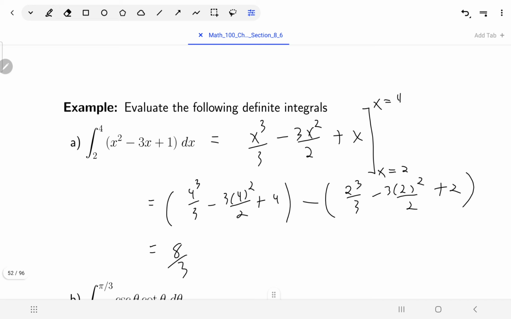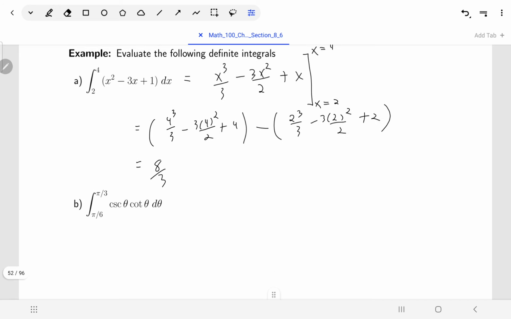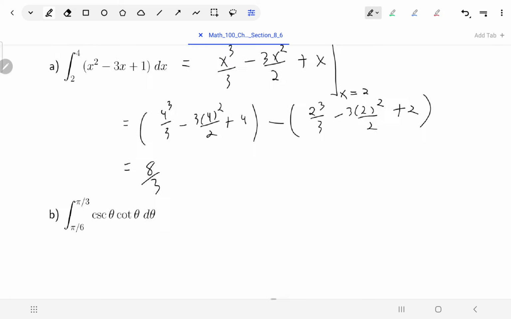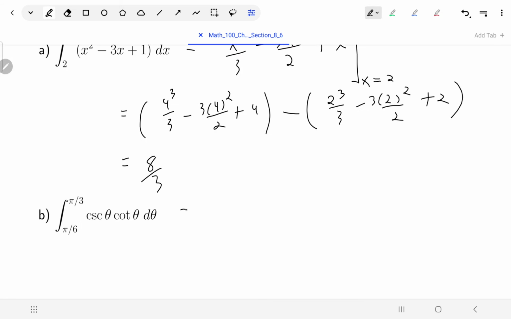Okay, let's do another one. We've got a trig function, cosecant times cotangent, and I'm integrating that between pi over 6 and pi over 3. I know an antiderivative of cosecant cotangent is negative cosecant.